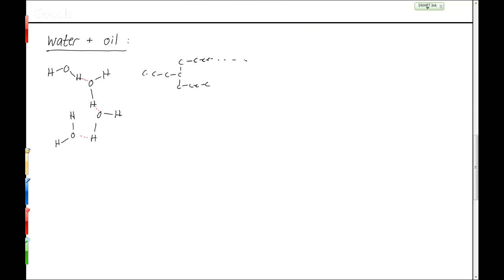And they just keep going. So when I say lots of carbons, I mean like 20 or so per chain, between 12 and 25. So that's oil. And the way that those kind of stack up is like this. So there's those three chains. Let's actually make them even bigger.